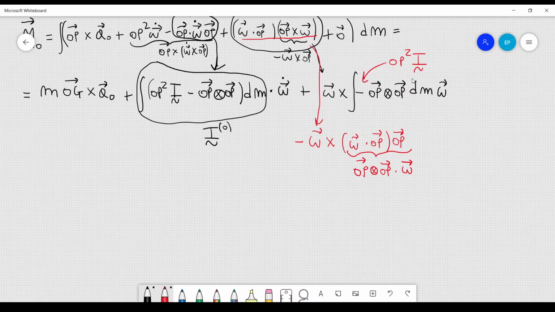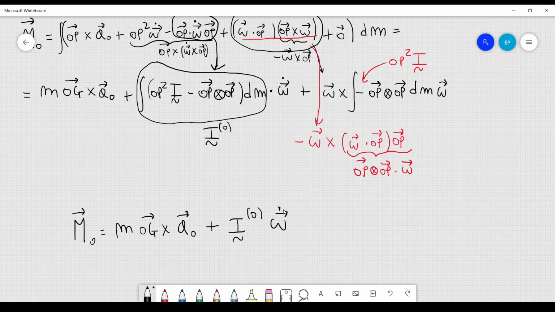So when you take the cross product between those two, you will get 0. So I can also add inside the integral this term, and you get the idea, because in this case I will get another inertia tensor. So finally, I can rewrite MO like this. M OG cross product AO, acceleration of the point O, plus inertia tensor evaluated with respect to the point O times omega dot, plus omega cross product inertia matrix calculated with respect to the point O applied to omega.